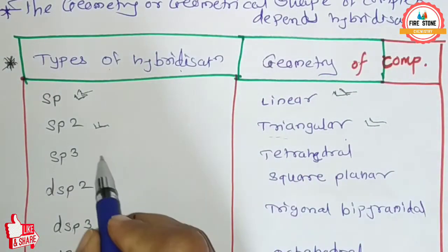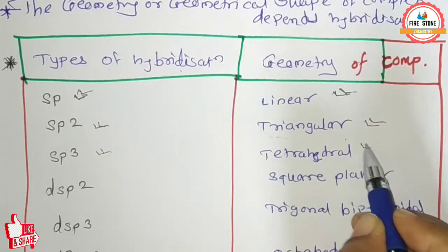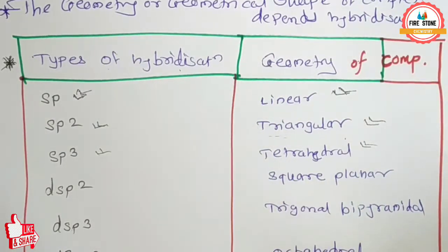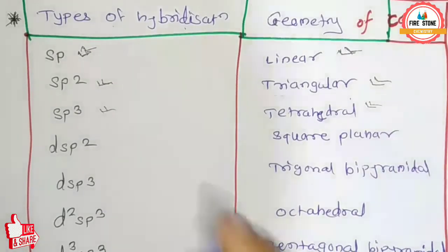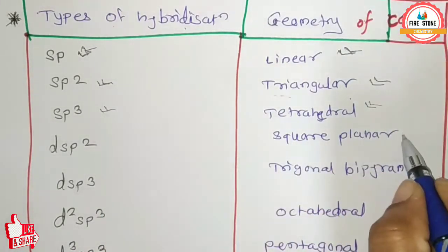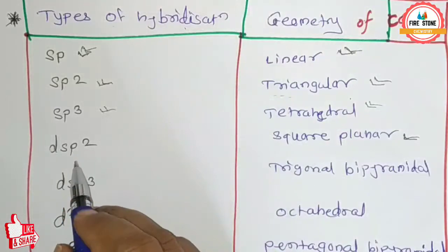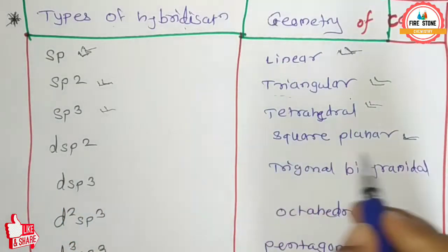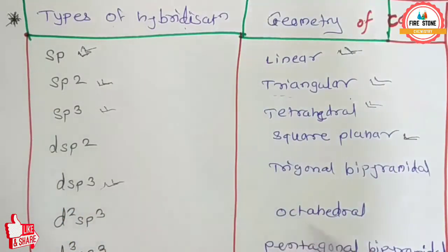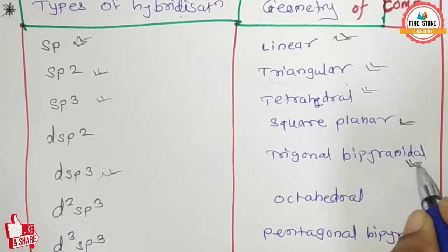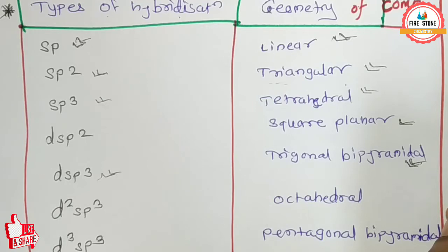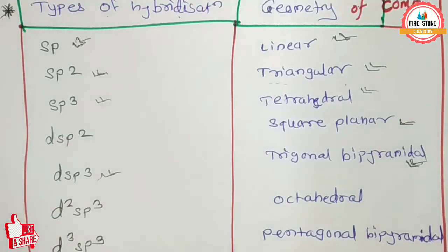Again, sp3 hybridization, the geometrical shape is tetrahedral. dsp2 is square planar. dsp3 is trigonal bipyramidal.